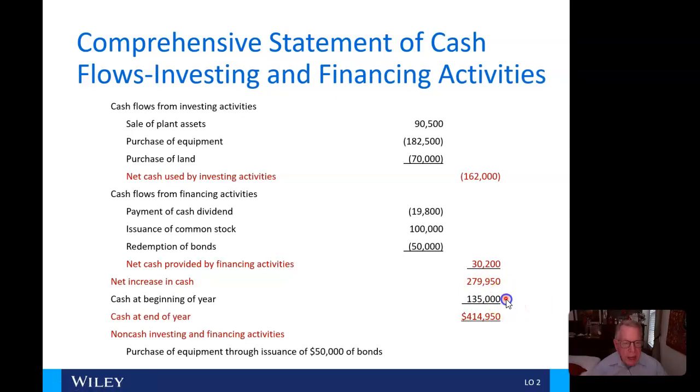And our beginning cash position was $135,000, so our ending cash position was $414,950. And note the non-cash investing and financing activities disclosed here as a note to the statement of cash flows. It said we purchased some equipment by issuing $50,000 worth of bonds.